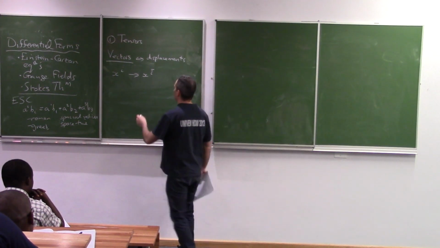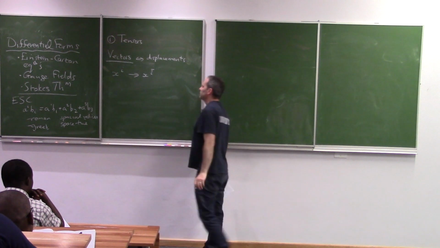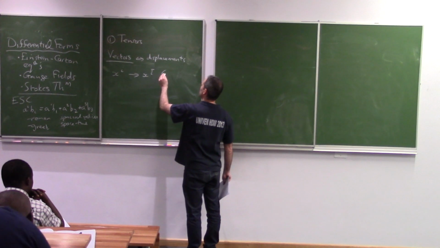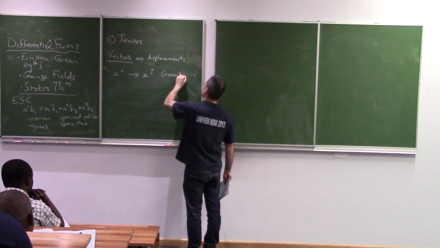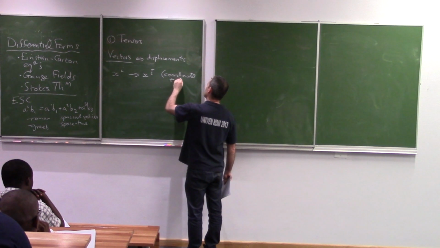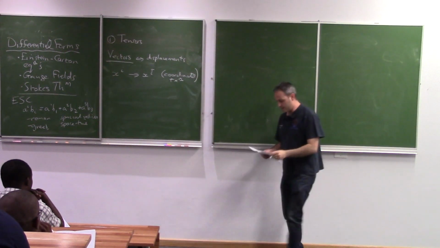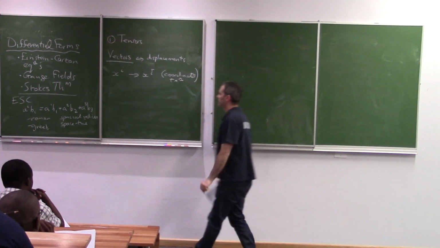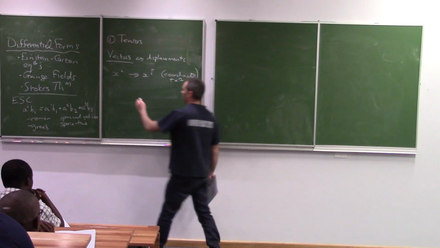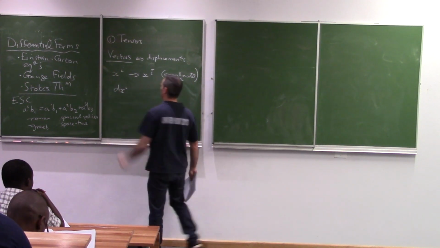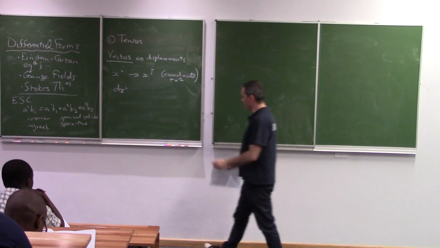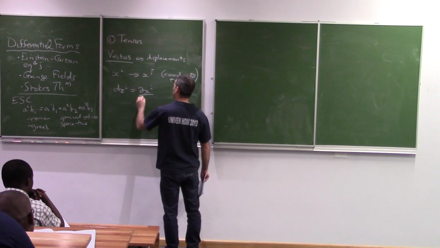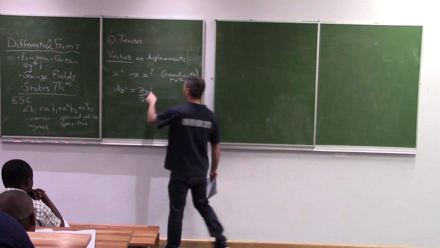So I'm going from some coordinates x, some vector. Sorry, I have some coordinate transformation. Hopefully you've seen something like that before. And then if I want to know how an infinitesimal displacement transforms, so if I have an infinitesimal displacement dx̄_i, just using the chain rule, that's going to be equal to ∂x̄_i/∂x_j dx_j.